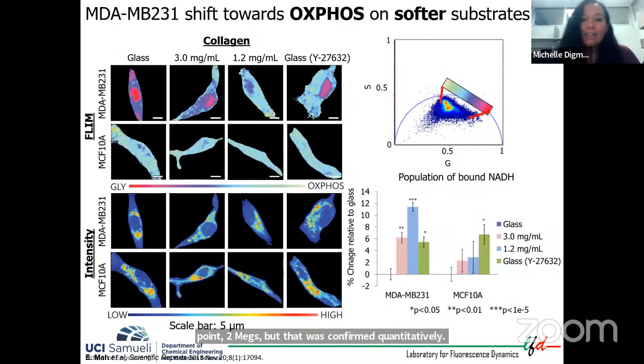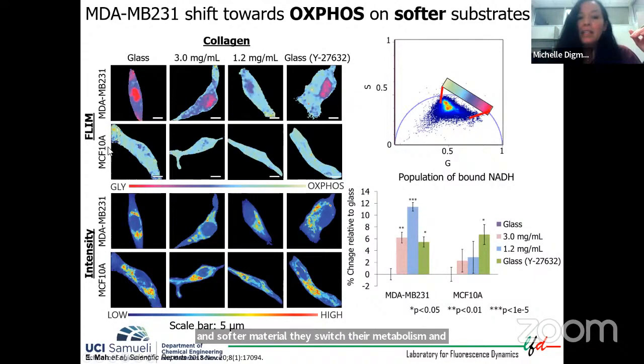So what happens with the metabolism? I'm just going to summarize this very quickly here. We have tumor cells, and we actually put tumor cells on glass. Their metabolic state is highly glycolytic. They have a lot more free NADH. And as we get to softer and softer material, they switch their metabolism and they become more OXPHOS.